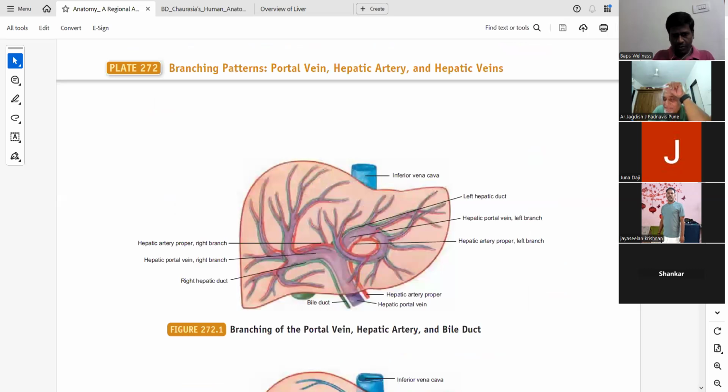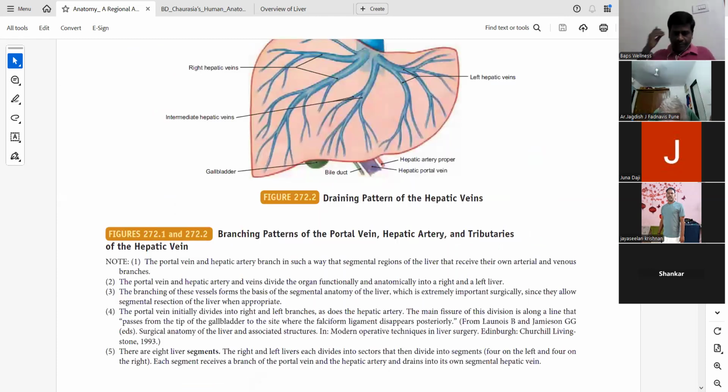So this is about the arteries, blood supply, and also the bile supply. The bile secreted by the hepatocytes is collected and enters the CBD, that is the common bile duct, and then it enters into the duodenum after it is stored in the gallbladder.